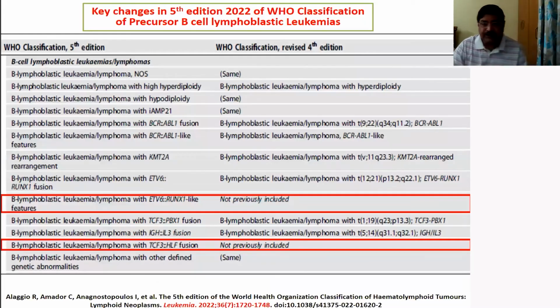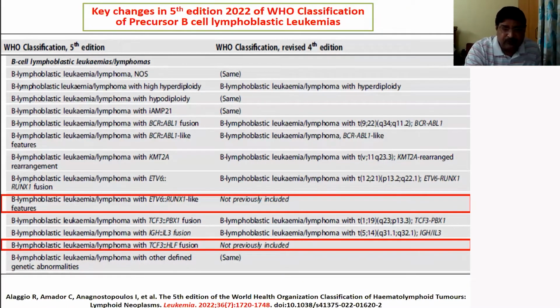So here, when you see the current fourth edition, 2017, and the proposed WHO classification, fifth edition, 2022, you find that there are differences, but there is retention of many of these entities as well. When you look at the left side, the fifth edition, you have many which were existing in the fourth edition. You have the B lymphoblastic leukemia lymphoma not otherwise specified.